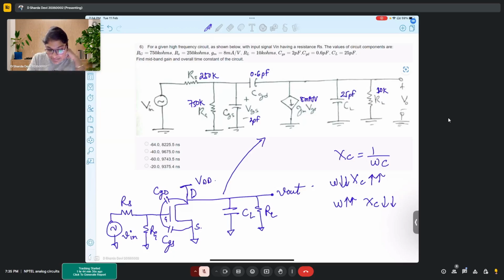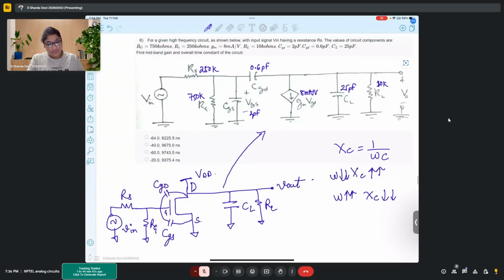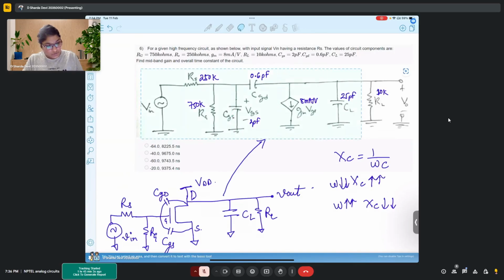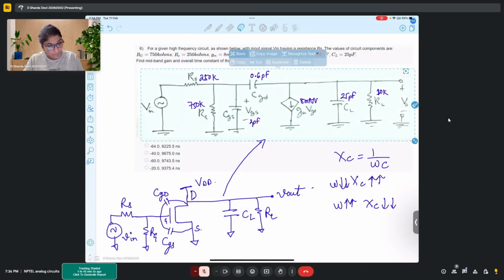So find the midband gain and overall time constant of the circuit. We need to find the midband gain and the overall time constant of the circuit.